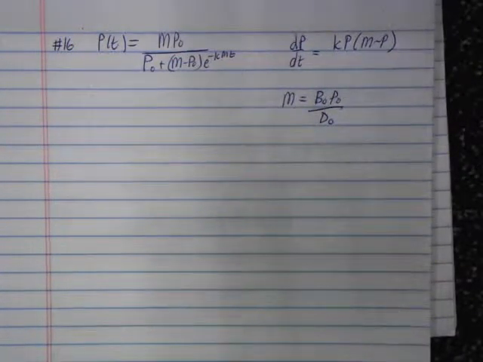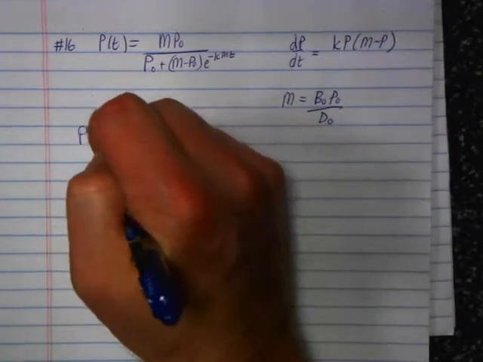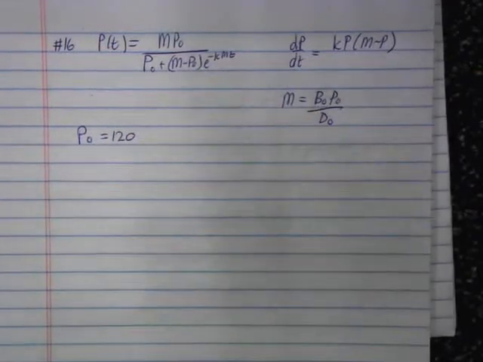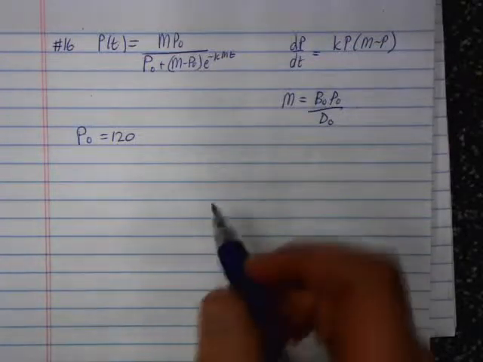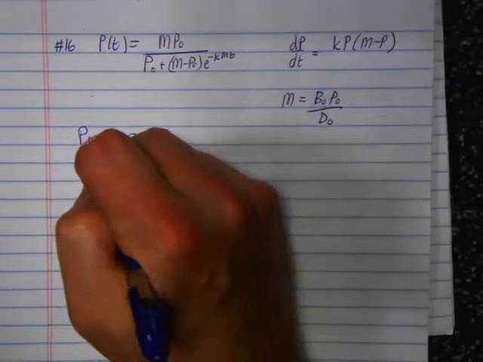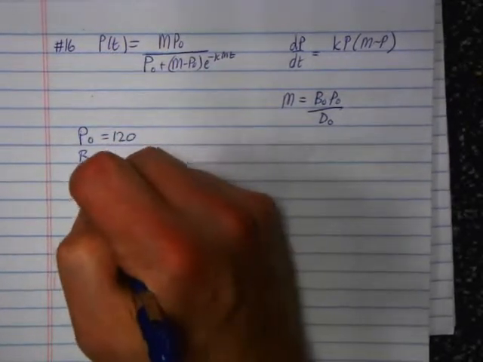Okay, so problem number 16 says, consider a rabbit population satisfying the logistic model. If the initial population is 120, so that's P0, and there are 8 births per month and 6 deaths per month at time 0, so that's your births at 0 and deaths at 0.